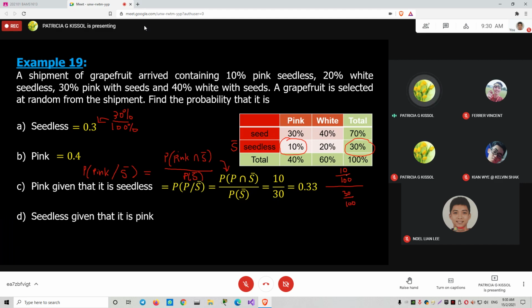If you solve this, we get 10 over 30, or 1 over 3, which is 0.33. I hope that is clear.